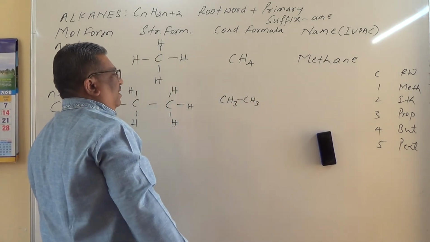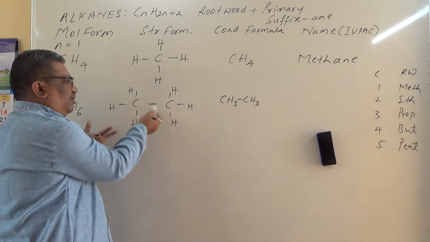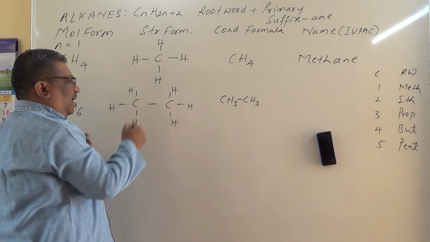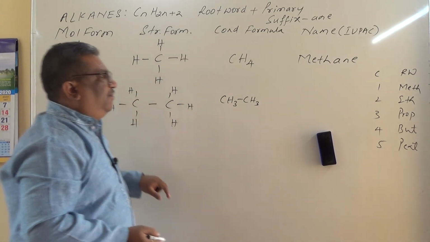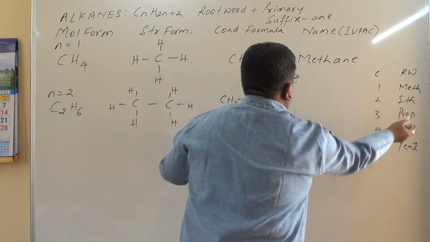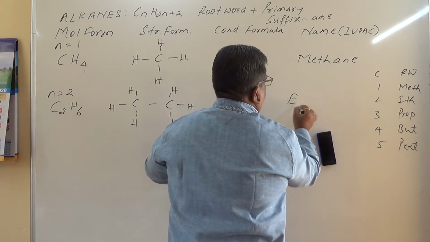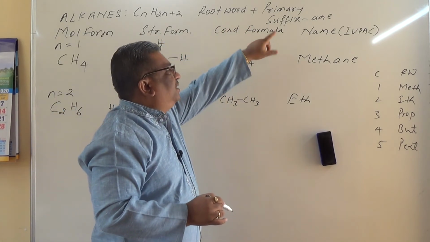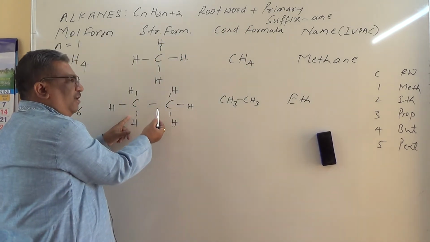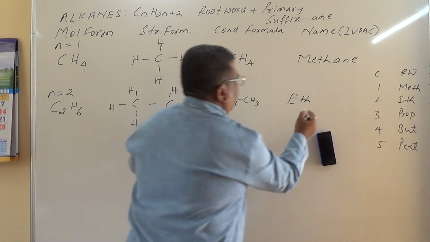How do you read the name of the compound? This is the longest chain, with two carbon atoms, and this is called the parent chain. If two carbon atoms are there, eth is the root word, and ane should be added as a primary suffix because there is a single bond linkage between carbon atoms, and therefore ethane.